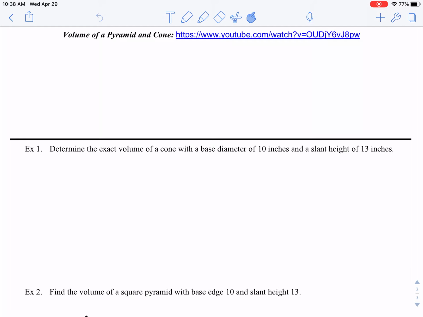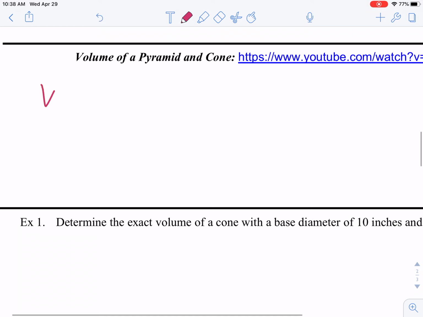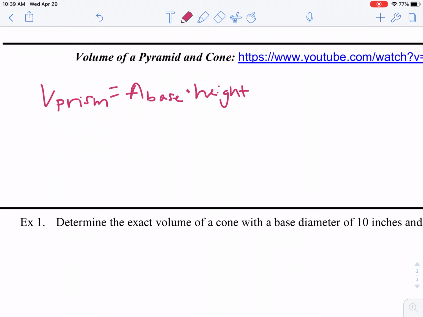When we think about the volume of the prism, that's the one you already know, where the two bases are parallel to each other. We know that volume to be the area of the base times the height. So the question now is, how does the volume of a pyramid relate to that?